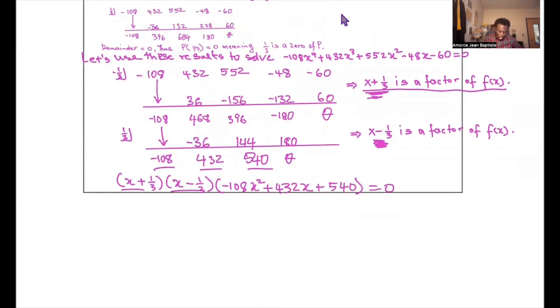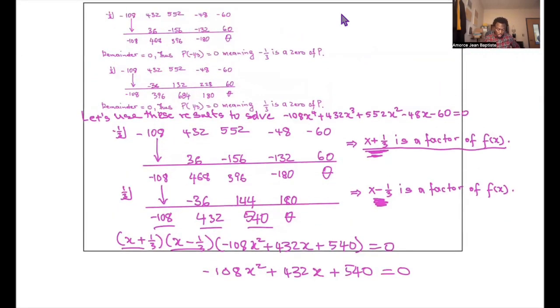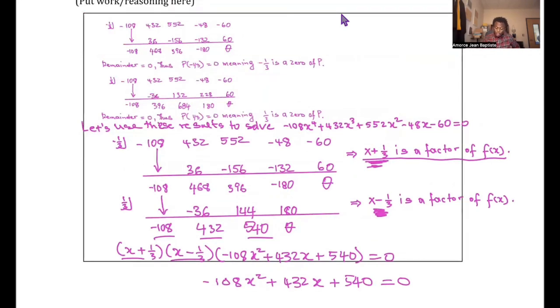So we already have this. We just have to solve negative 108x squared plus 432x plus 540 equals 0. So we already have the two zeros, because we proved that negative 1/3 was a zero, and positive 1/3 was also a zero.